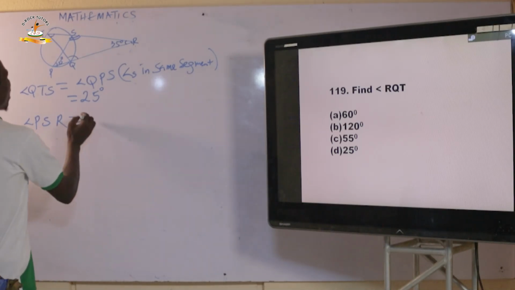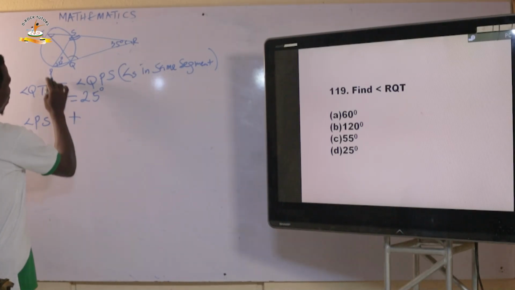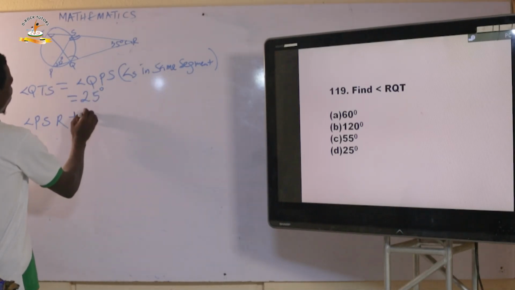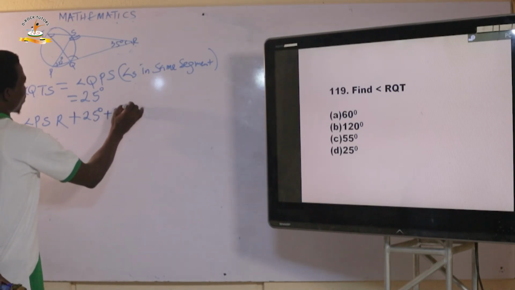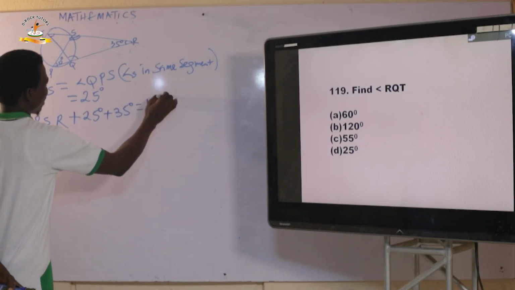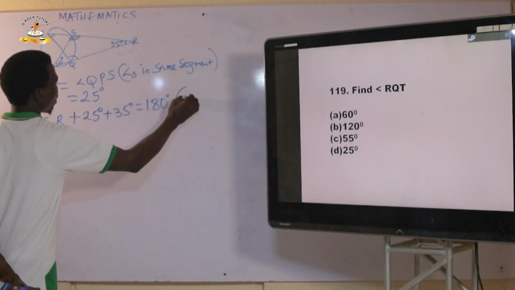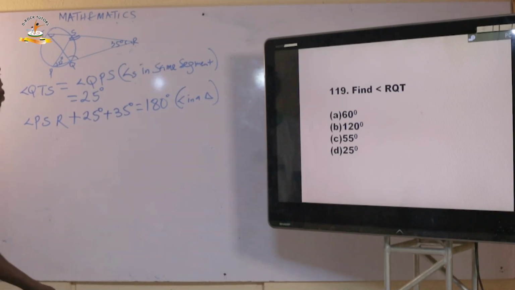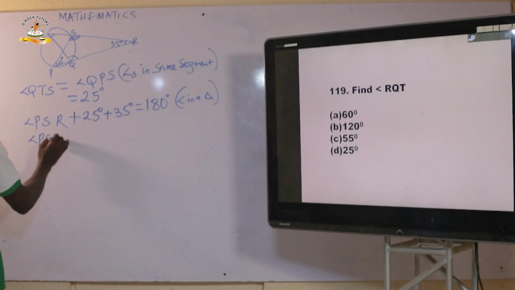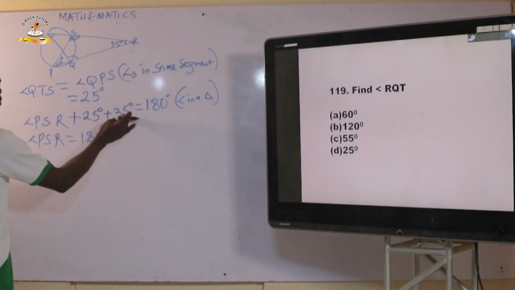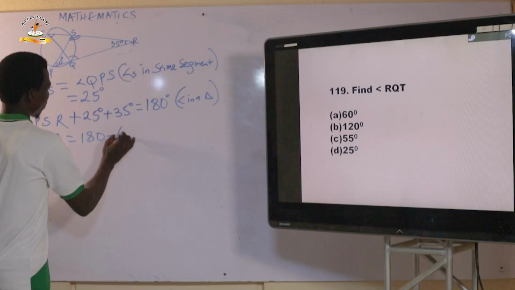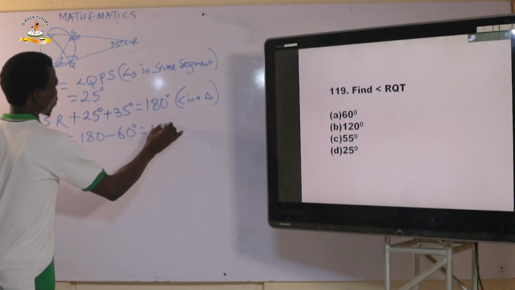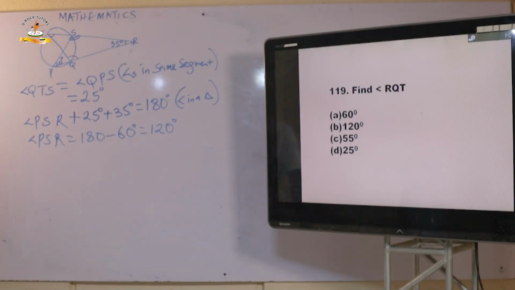So 25 degrees plus 35 degrees plus angle PSR must give 180 degrees. So angle PSR is 180 minus 60 degrees, which is 120 degrees.